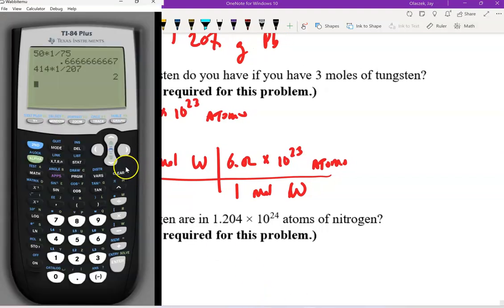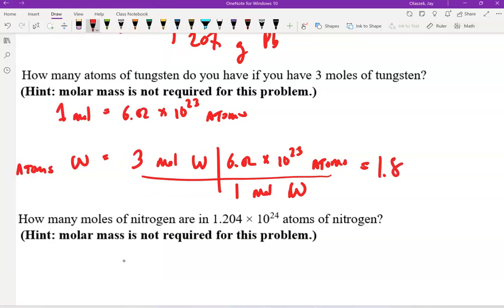Remember, you want to be entering exponents the right way. So we're going to say 3 moles of tungsten times 6.02. We're going to enter our exponents using second exponent entry, and we're just going to hit 23. And we're going to divide this by 1, which is not necessary. This tells us that we have 1.806 times 10 to the 24th atoms of tungsten.